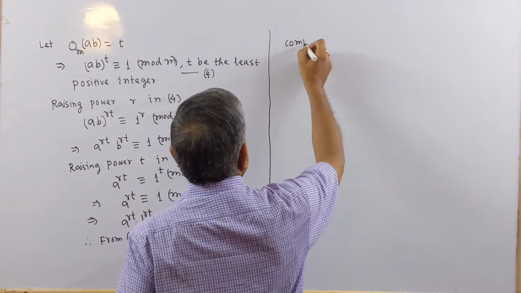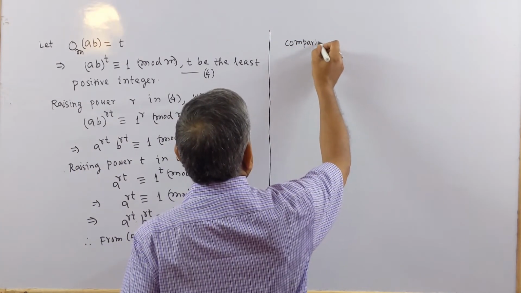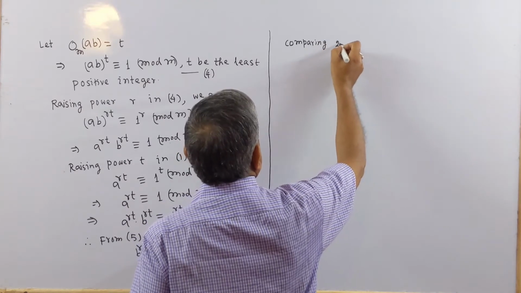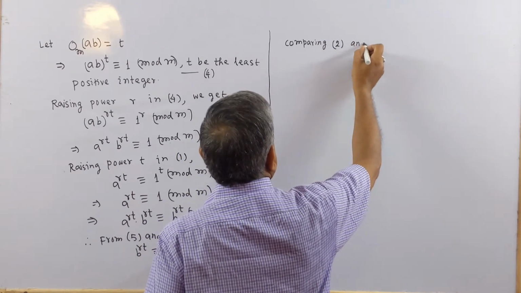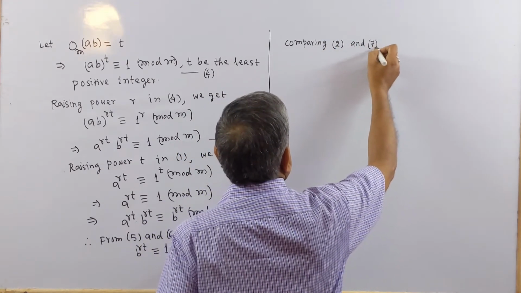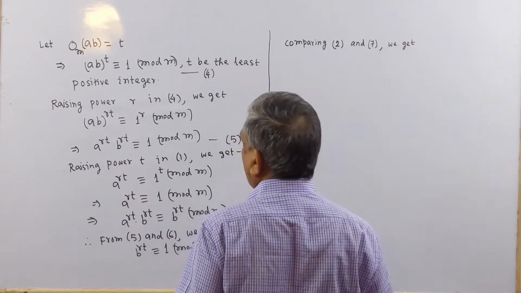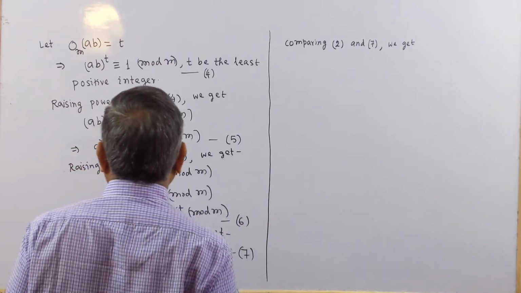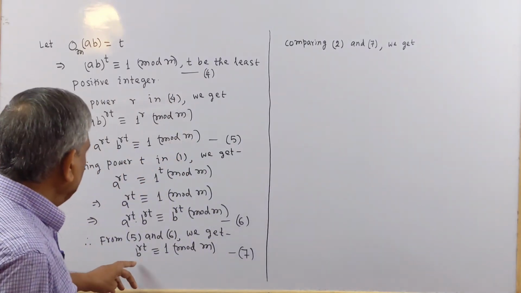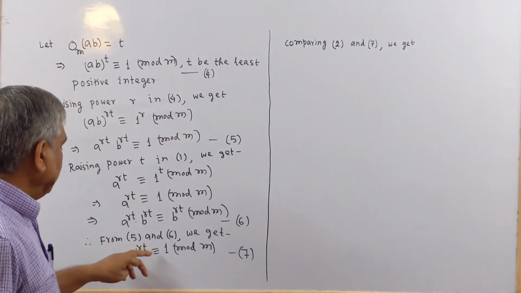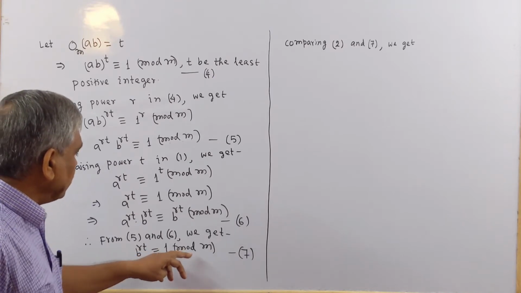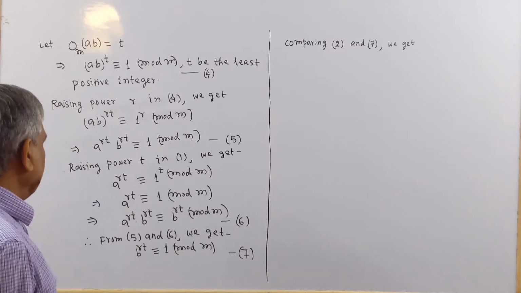Comparing 2 and 7, we get b to the power rt is congruent to 1 modulo m in 7.